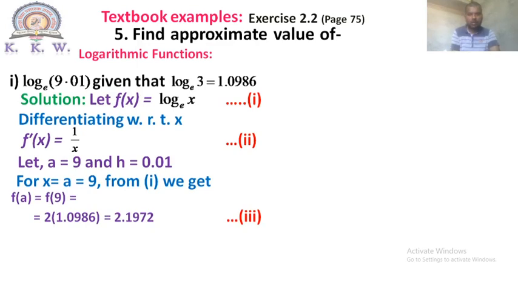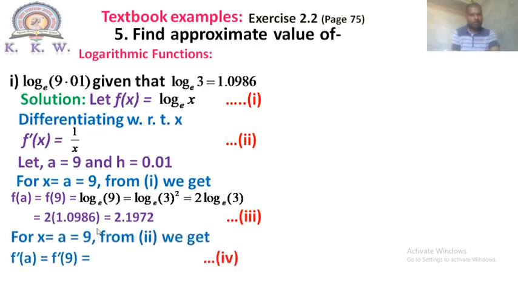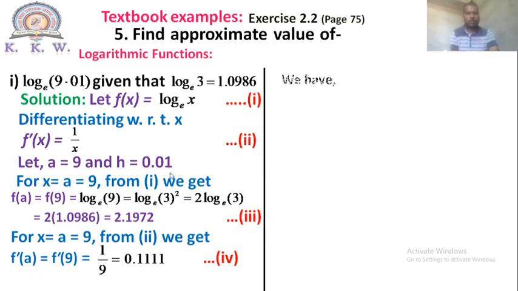By using laws of logarithm, log 3 square can be written as 2 log of 3 to the base e, and the value of log of 3 to the base e is 1.0986. Put this value, you will get 2 into 1.0986 is equal to 2.1972. F dash of a is equal to f dash of 9 is equal to 1 upon 9, which is equal to 0.1111.